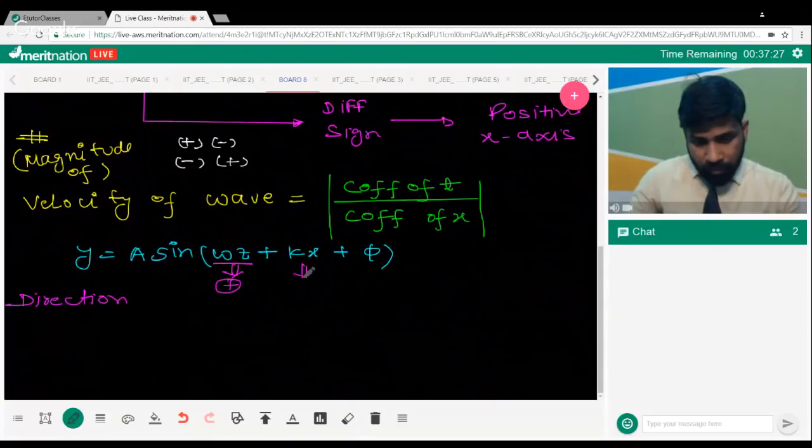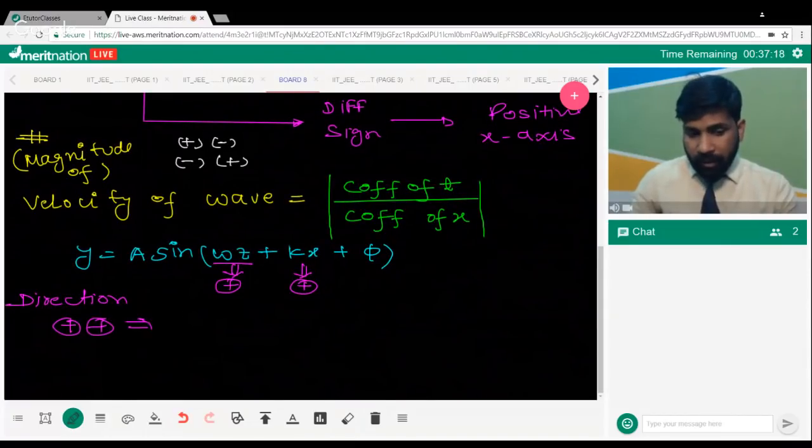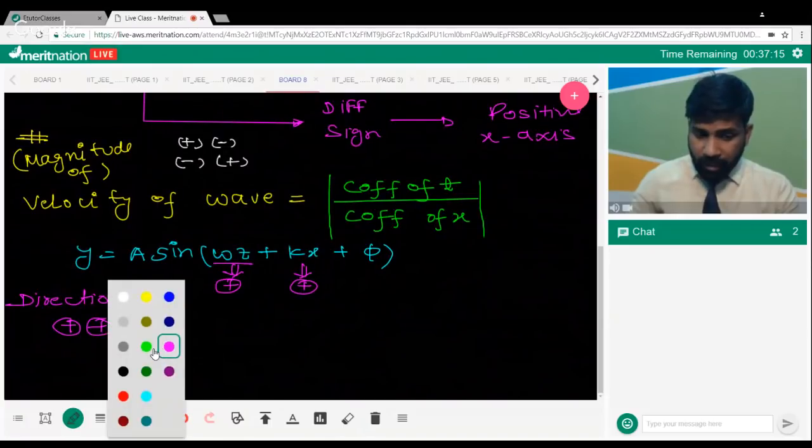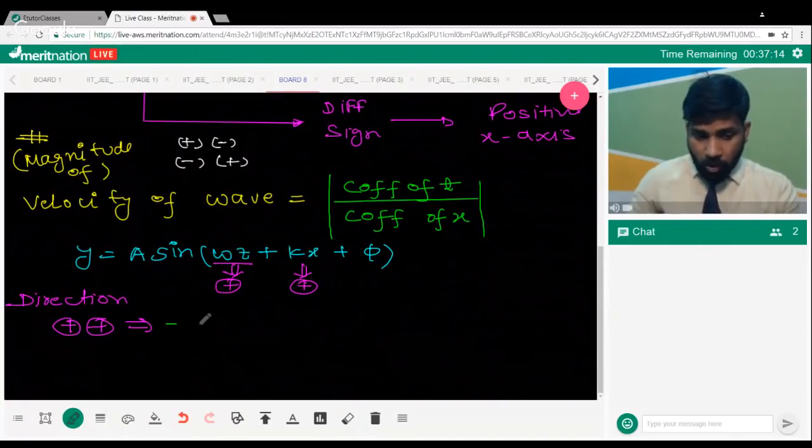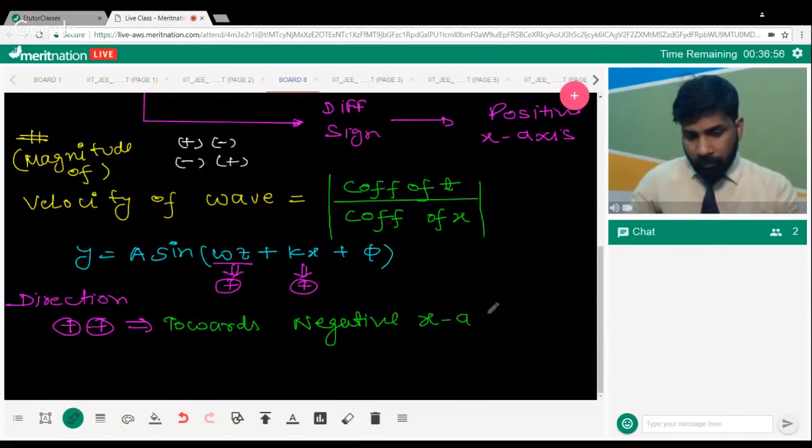Sign of x is also positive here. So both are positive. You know very well, whenever both t and x have the same sign, in that case direction is negative. It means towards negative x-axis.